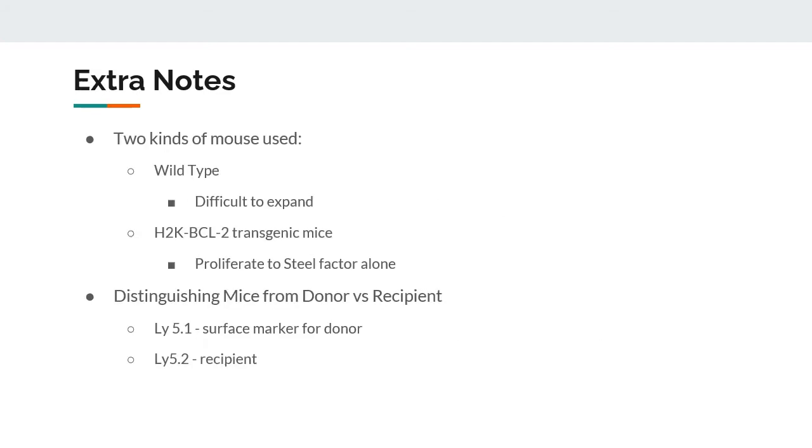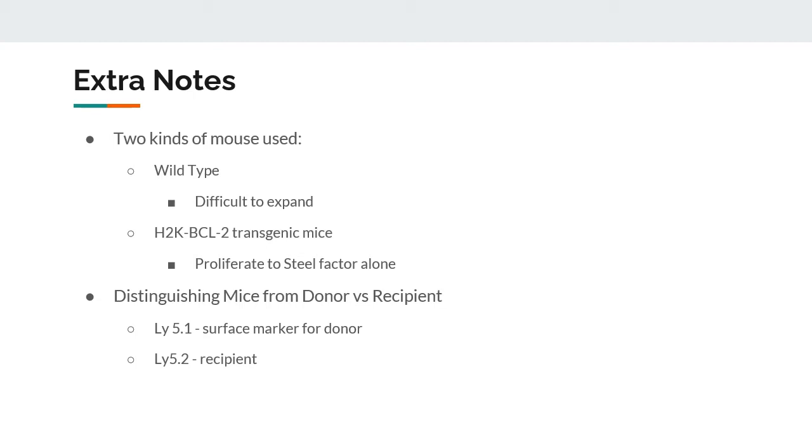So a few key notes I wanted to go over before proceeding on to the results is that the researchers used two kinds of mice, the wild type and the H2K BCL2 transgenic mice.